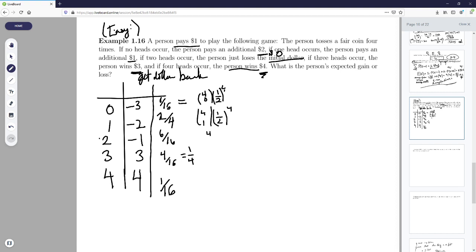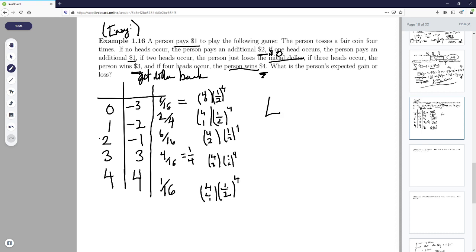This is 4 choose 2 times 1/2 to the 4th power. This is 4 choose 3 times 1/2 to the 4th power. And this is 4 choose 4 times 1/2 to the 4th power.